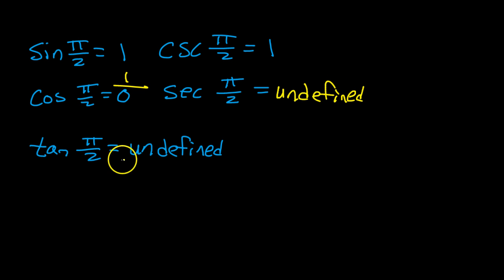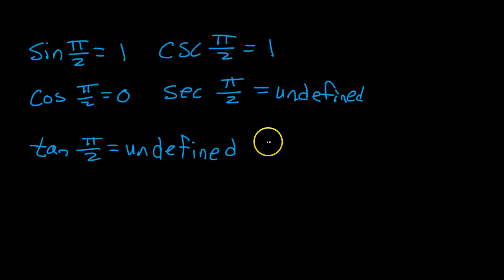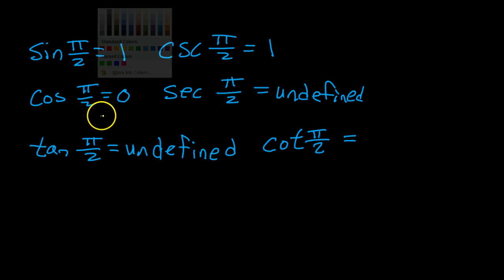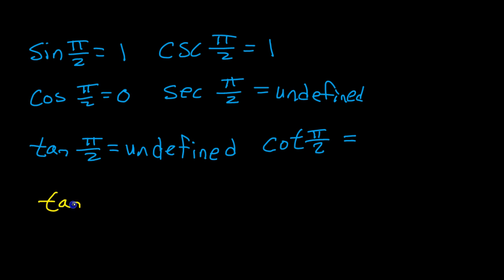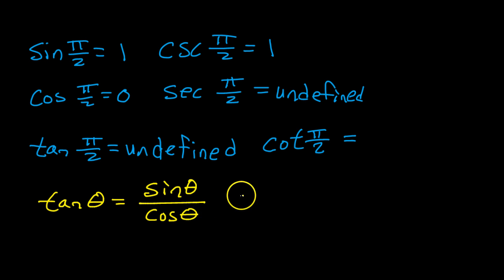Alright, now how about the reciprocal of the tangent function? Okay, so we are talking about the cotangent function, because the cotangent is the reciprocal of the tangent function. Now, it's tricky to look at undefined and think about what the reciprocal of undefined is. So what I'd prefer to do is go back to what we know about tangent. Okay, tangent is sine over cosine. We've learned this. We have proven this.